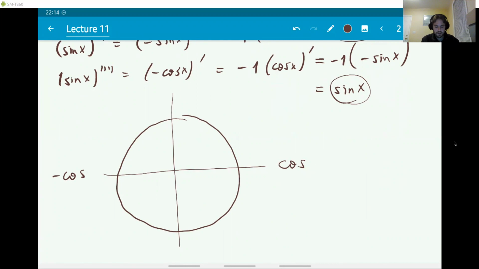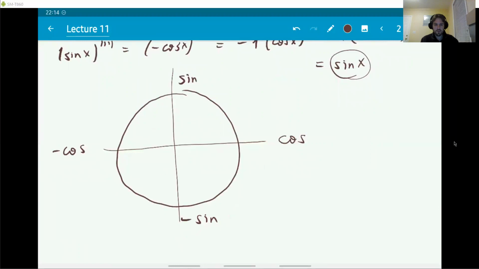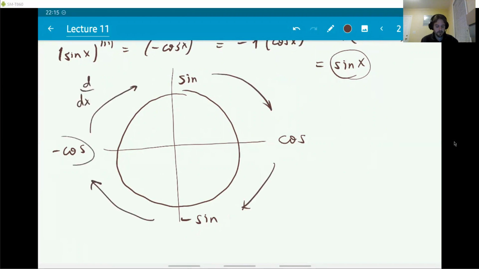Similarly, when you look at the y-axis, up here sine is positive, down here sine is negative. Now, after you draw this, you just have to remember that the derivative is the operation of going clockwise. So d/dx, for example, derivative of minus cosine is sine. So this allows you to remember the derivatives of sine and cosine, and technically also minus sine and minus cosine.